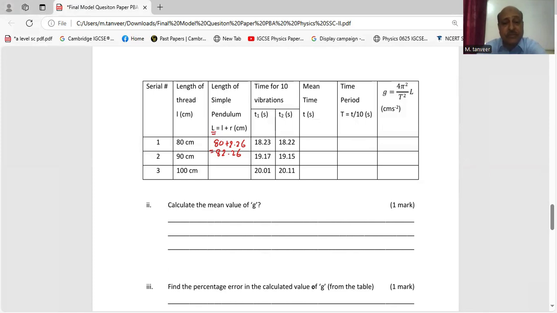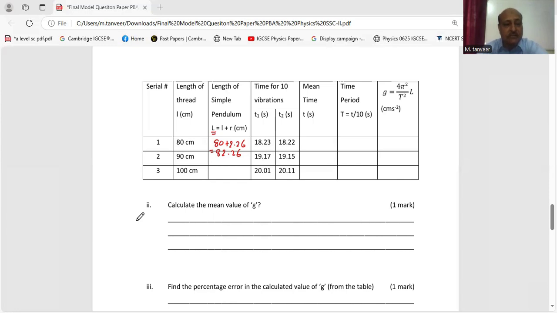Next, you have to find the mean time. Mean time means average time, and you know how average is found. Average is found by adding these two times and dividing by 2. So the first time was 18.23 plus the second, 18.22, and you will divide their sum by 2.